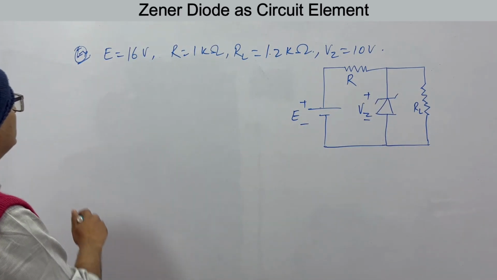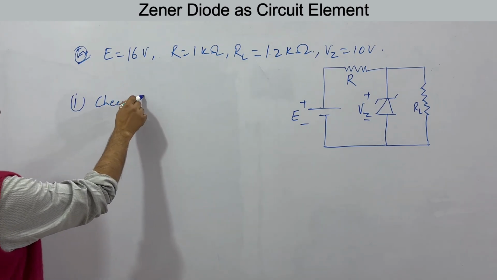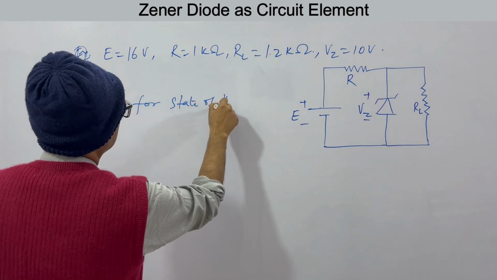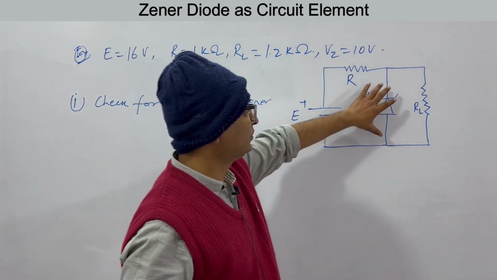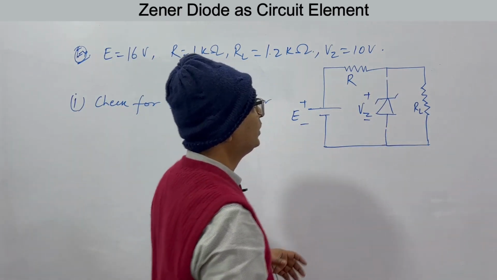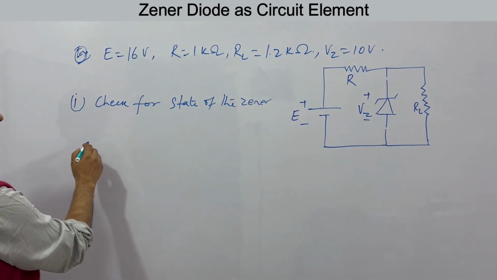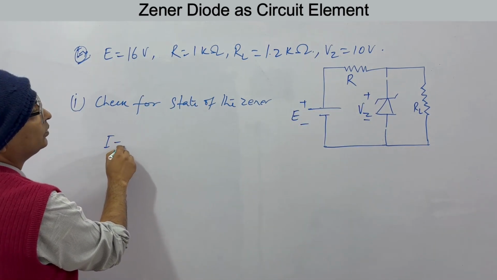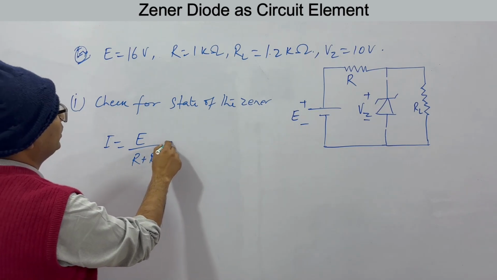So the first thing that we do is check the state of the Zener. How do we check? Just forget about this and think of this branch as an open circuit. Then what is the voltage drop across these two points? Let's say the current is I. So I will be equal to E by R plus RL.